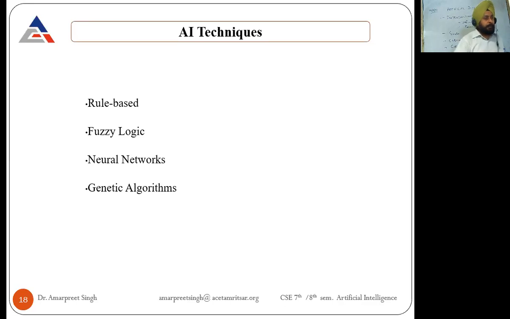So genetic algorithms are the algorithms used for optimization. Genetic algorithms are optimization techniques. These are the AI techniques which play a very important role in building the AI environment.